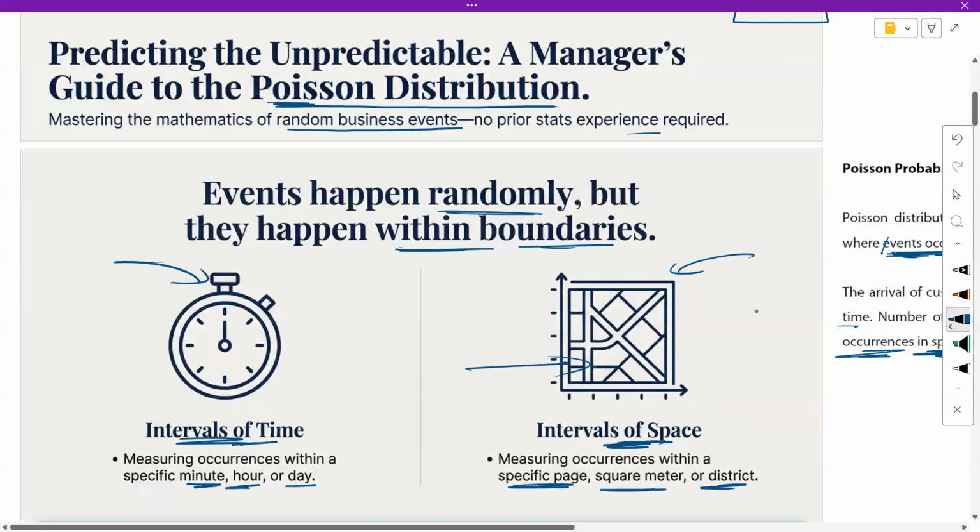In a district, there are many people. How many of them got into an accident? Or how many houses caught fire? Or square meters: when you purchase cloth material or fabric, there is a chance of it getting damaged.